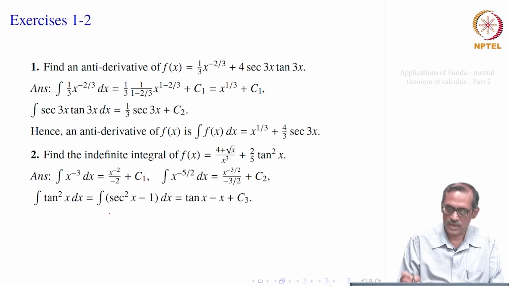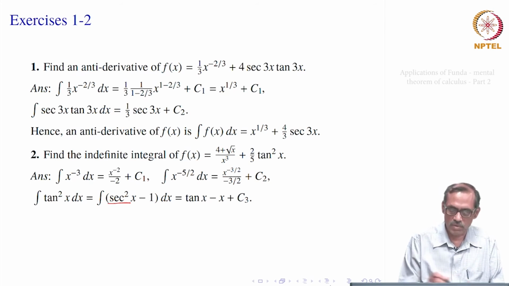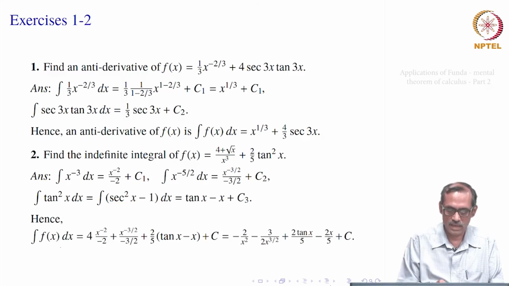And then for tan square x, we see it is secant square x minus 1, and secant square x we get by differentiating tan x, 1 we get by differentiating x. So, its integral is tan x minus x plus C3. Then we multiply with appropriate constants and get back our indefinite integral.